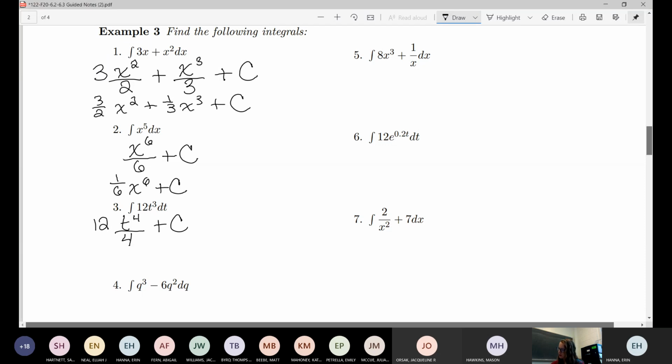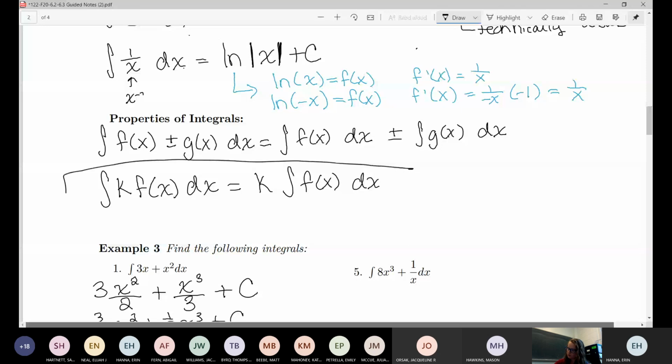It's essentially because of this property right here, which tells us that if we have a constant times a function, it's equivalent to the constant times the antiderivative of the function.